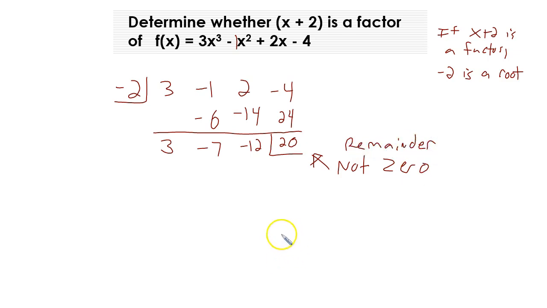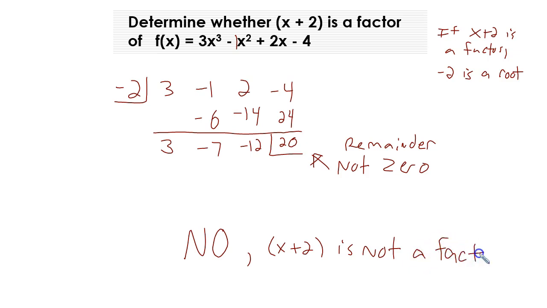That tells us that negative 2 is not a root, and therefore x plus 2 is not a factor. So the answer is no. The only way that x plus 2 would be a factor is if we ended up with a remainder of 0. We ended up with a remainder of 20.